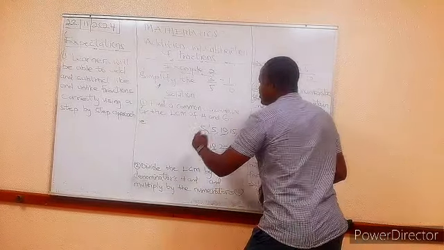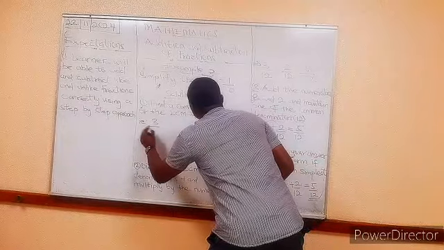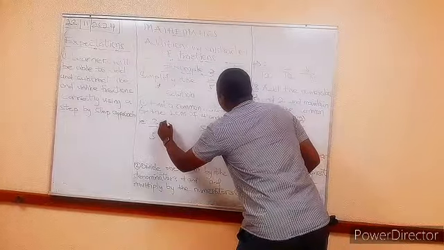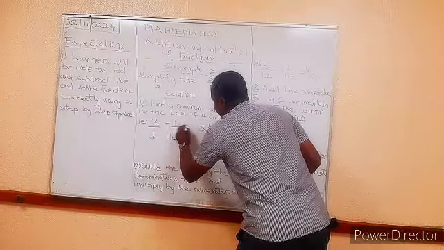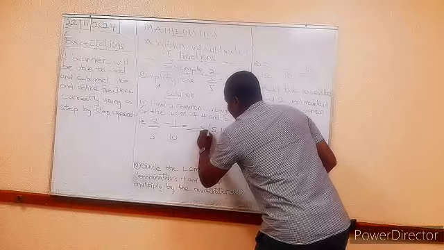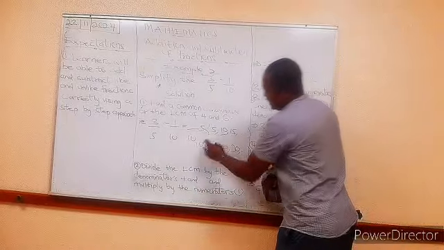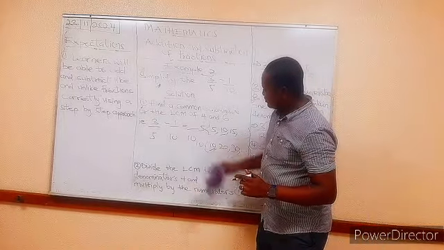So, we quickly go this way. It becomes 3 over 5 minus 1 over 10, all equals our denominator 10. Good. Now we have the denominator 10. So what do we do?